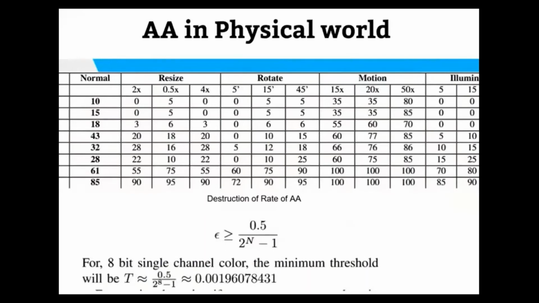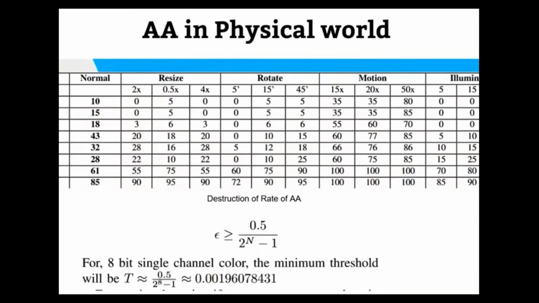There are also environmental factors. We resized some images and resized them back, and the success rate decreased. We rotated some images, and they also stopped working as adversarial. We created a motion effect by blurring the image, and that completely diminished the effectiveness of all the CW and DeepFool attacks.